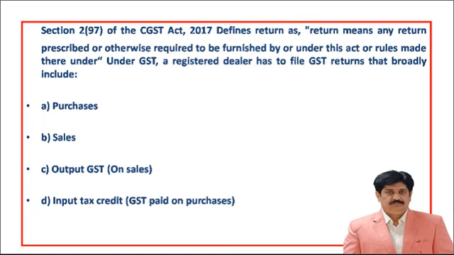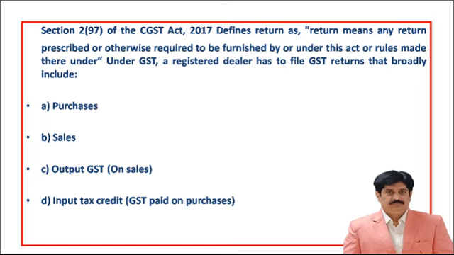Return means any return prescribed or otherwise required to be furnished by or under this Act or rules made thereunder. It means as per the GST Act, whatever document we are required to submit on a prescribed timeline, we can simply say is a return.